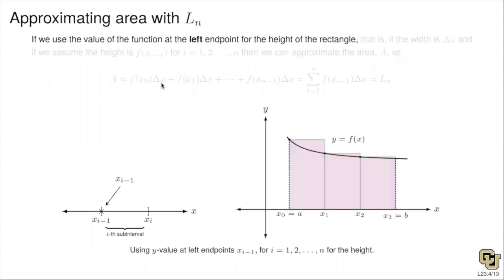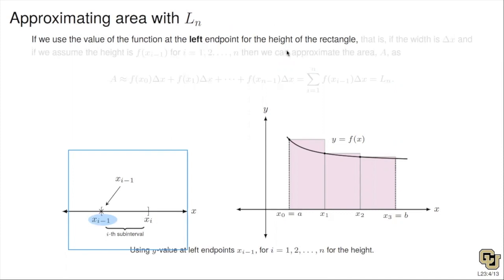So as I said, there's many ways to determine the height of the rectangle. In the previous slide, we used the right endpoints, but there's no fixed rule. We could have also used the left endpoints. So specifically here, this is a generic ith subinterval. And now what I'm doing is I'm choosing the left endpoint, the y value at the left endpoint.